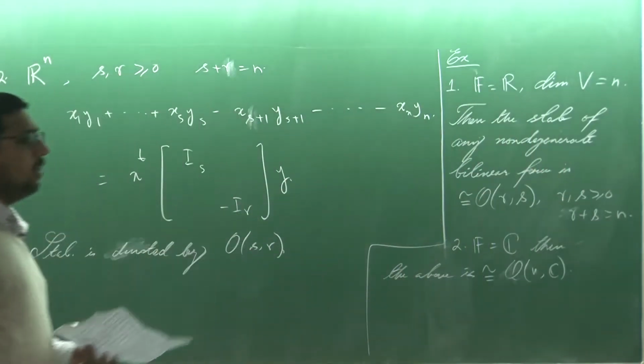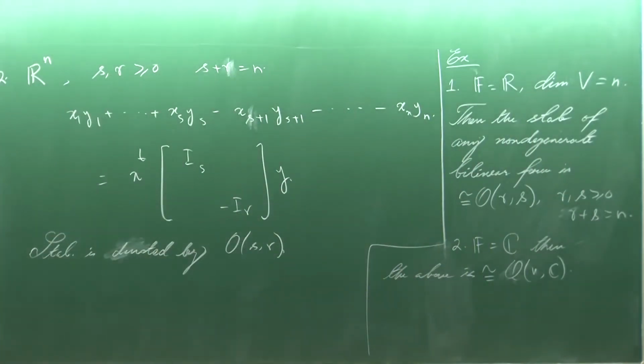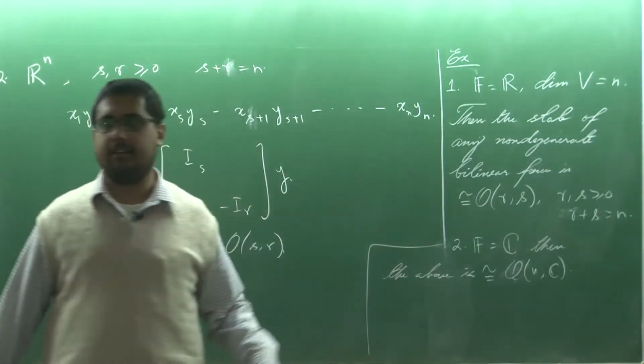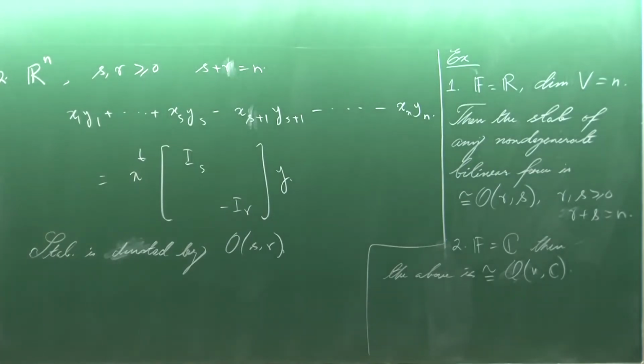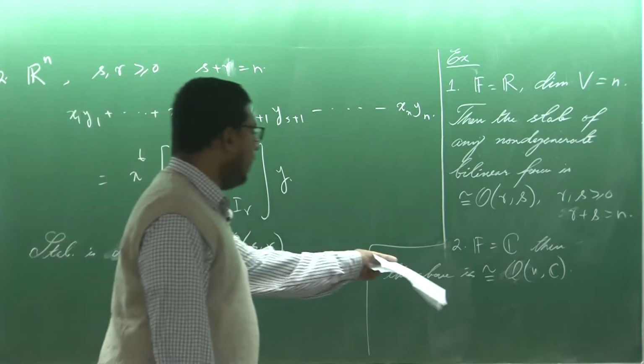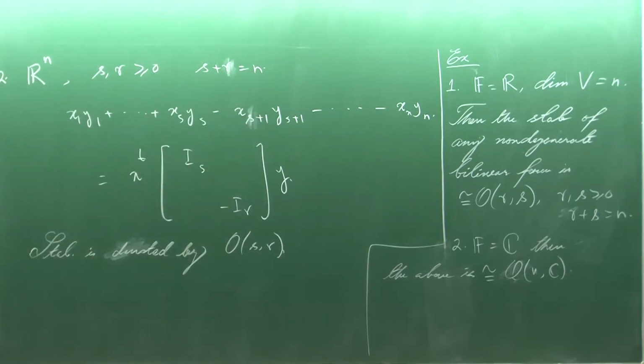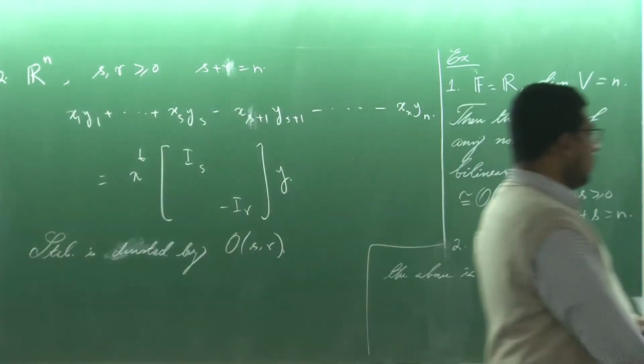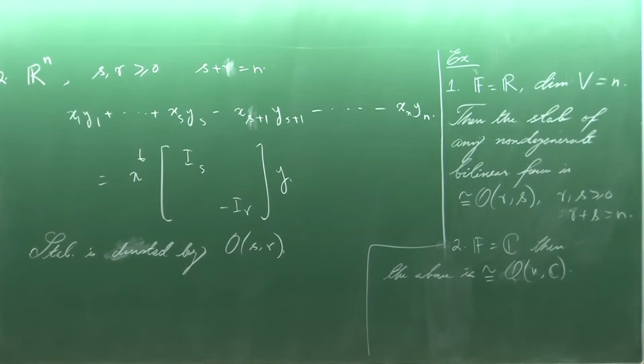So, on finite dimensional vector spaces over R or C, if we take non-degenerate real forms, then as stabilizers we are going to get this kind of groups, namely in case of R we will get real generalized orthogonal groups. In case of C, we will get the whole complex orthogonal group. Okay. Anyway, so we should now move on to other actions.